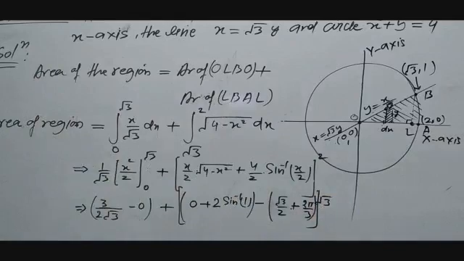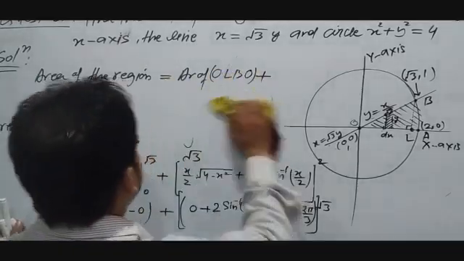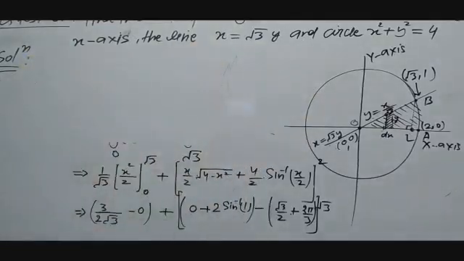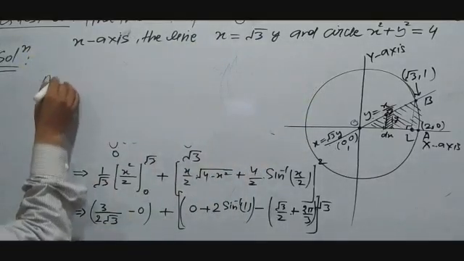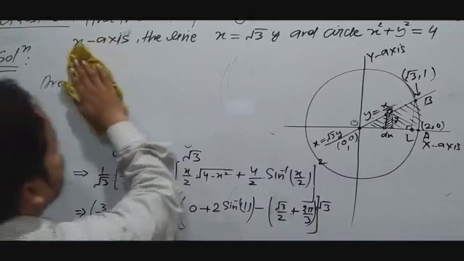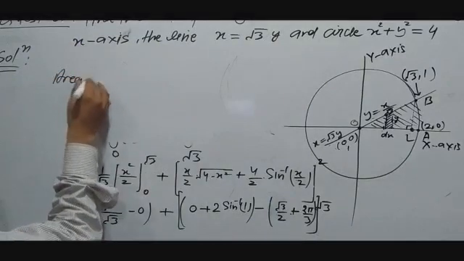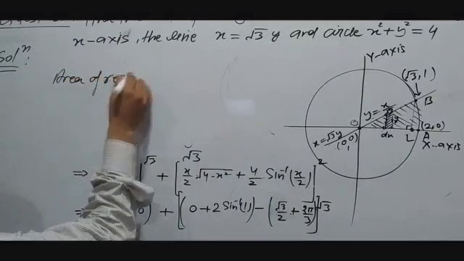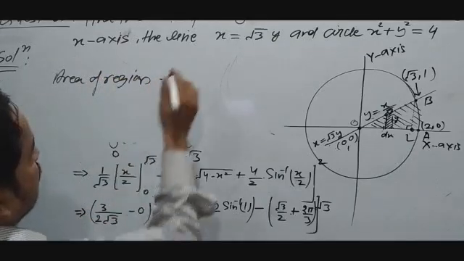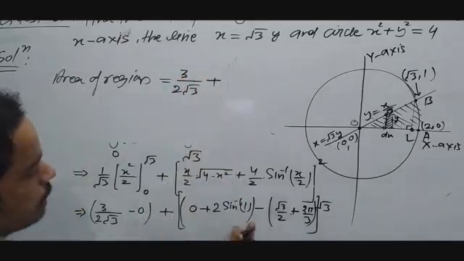Now see, this result will be area of region is equal to, this result is 3 by 2 root 3 and plus this result will be pi by 2.